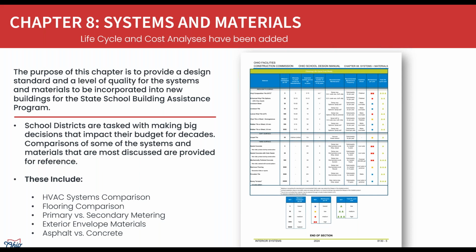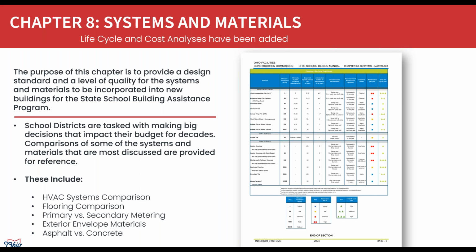So we've done these life cycle comparison charts for the HVAC systems, the flooring. Another one that comes up a lot is primary and secondary electric metering. So that's districts that are contemplating having their own transformers and essentially being the owners of that.